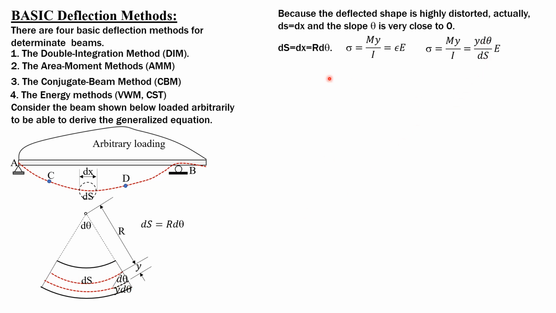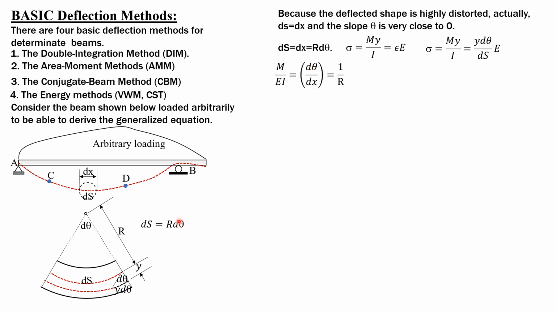So because ds is practically equal to dx, because this elastic curve is really almost a straight line, M over EI from this equation is equal to d theta dx, and from here, M over EI, we cancel out y, is equal to d theta ds, and ds is replaced by dx because they are practically equal, and therefore it is equal to 1 over r.